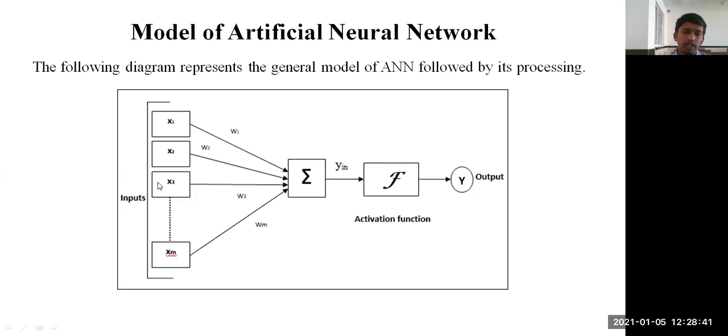This structure explains clearly that you'll have some input variables from x1 to xn or xm, and accordingly you'll have some weights for each node. Here x1 is the input variable, and for x1 to reach the output through some hidden layers, it needs to be multiplied by some weight, w1.